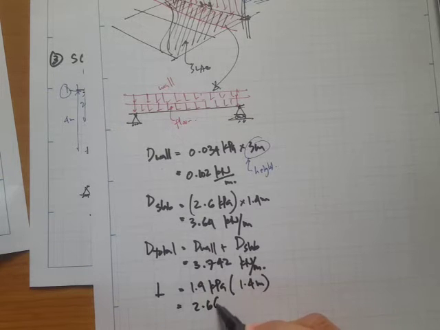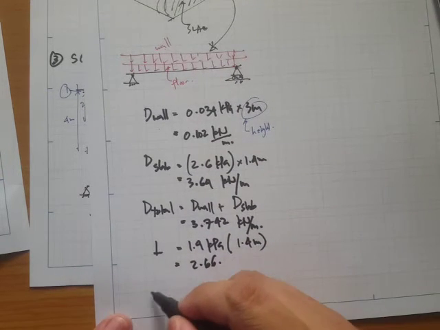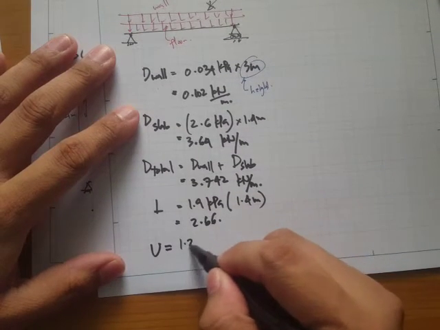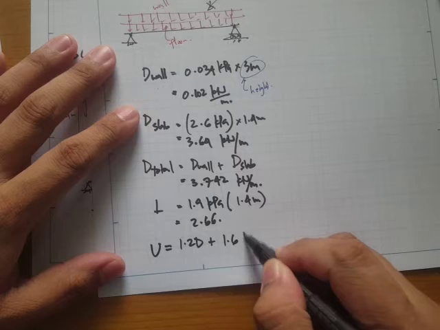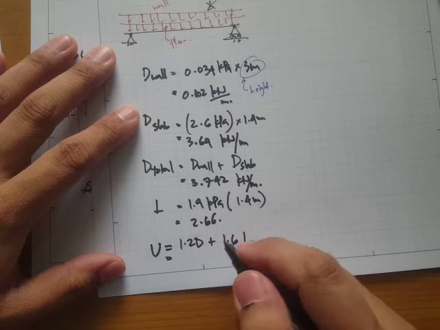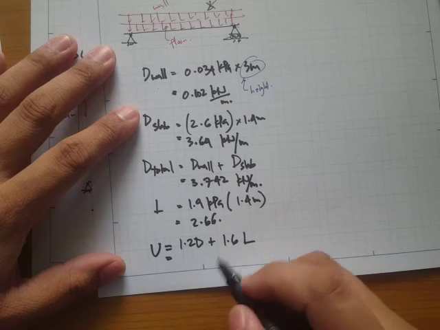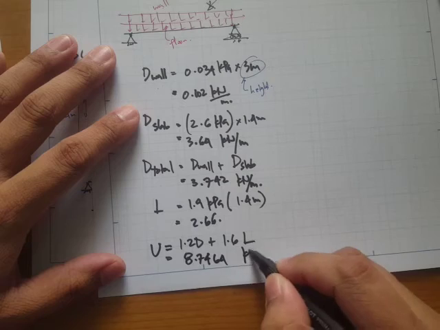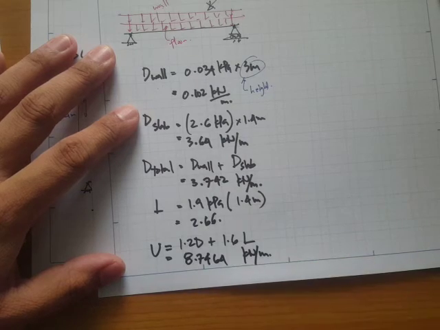So therefore, we can solve for the factored loads. Factored load is just 1.3 dead plus 1.6 live. So we get a value of 8.77464 kilonewton per meter.